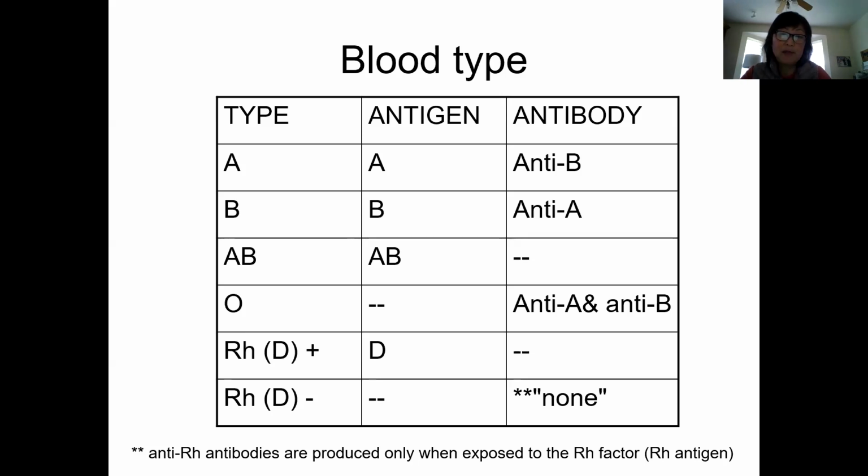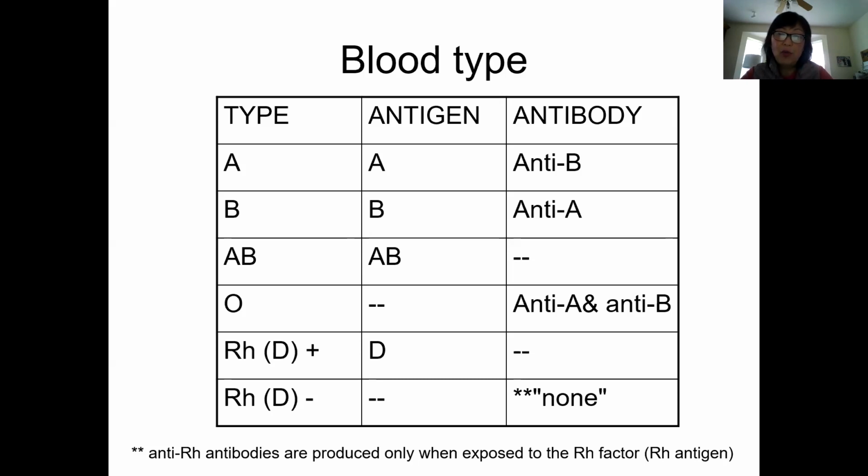So we can say the type of antigen determines the blood type. If on the RBC surface there's no antigen A, there's no antigen B, then it is called type O or type 0.